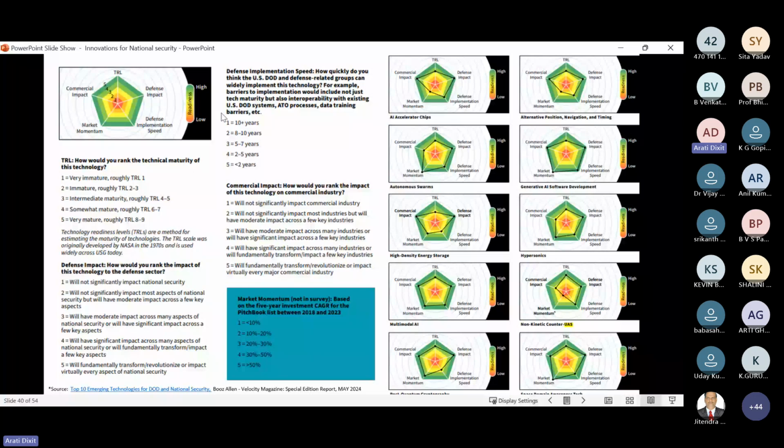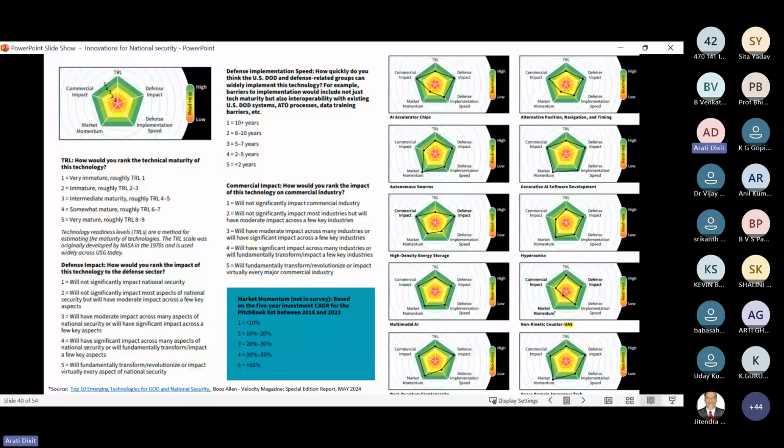In TRL, if you have something on the green, it means it's a very mature technology. And defense impact: how would you rank the impact of these technologies on the defense sector? If the impact is sitting toward the center of the Pentagon, it doesn't really impact much, but if it is sitting toward the outside edge, then it has high impact.